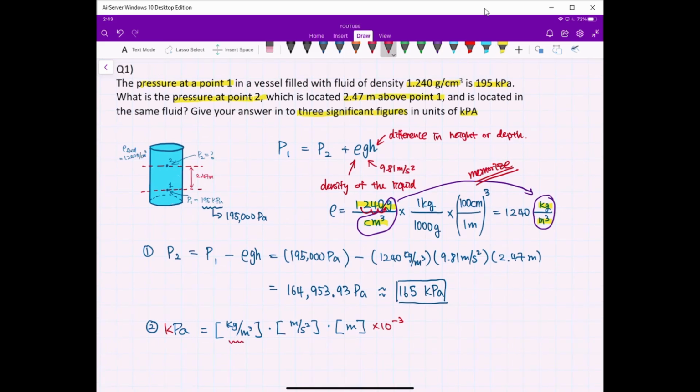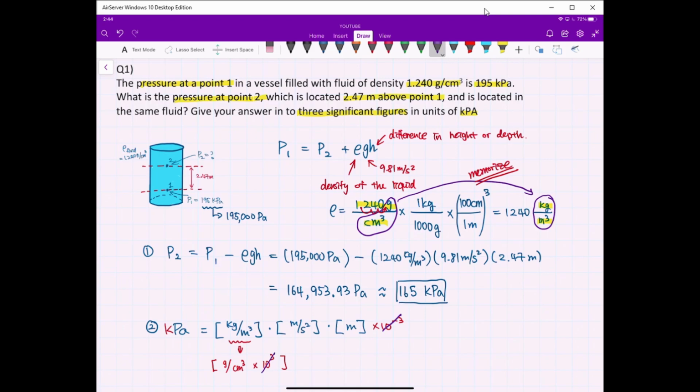So we can rewrite kilogram per meter cube as gram per centimeter cube times 10 cubed, and this 10 cubed and 10 to the power of negative 3 get cancelled. The key note to remember is that the units cancel nicely with density in gram per centimeter cube and pressure unit in kilopascal. In fact, we didn't have to do any conversions in the first place.